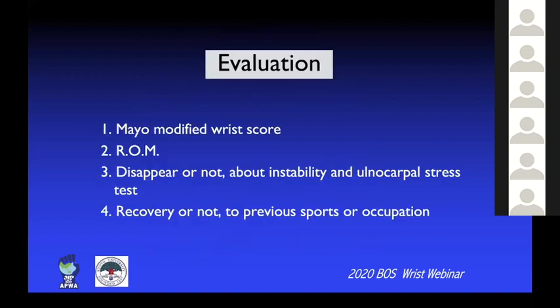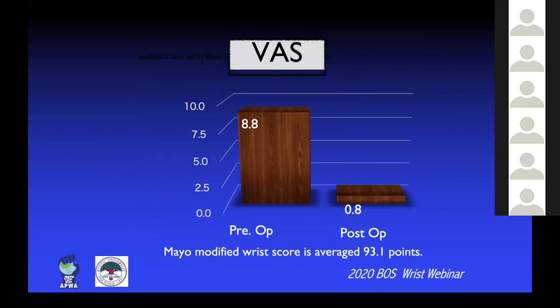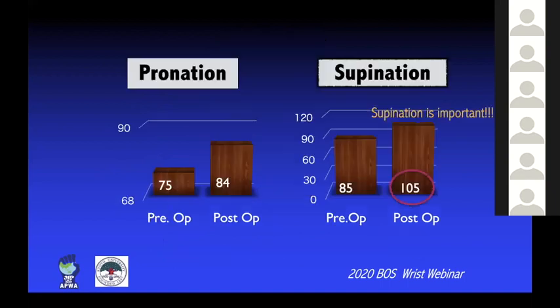We evaluated 4 items. Average VAS improved from 8.8 preoperatively to 0.8 postoperatively. Average clinical score was 93.1 points. Pronation and supination were improved, especially supination was regained.